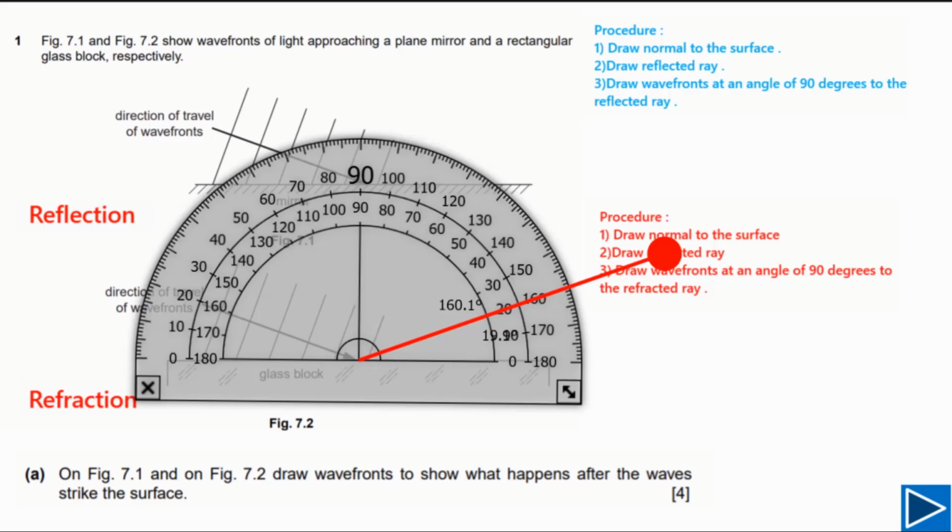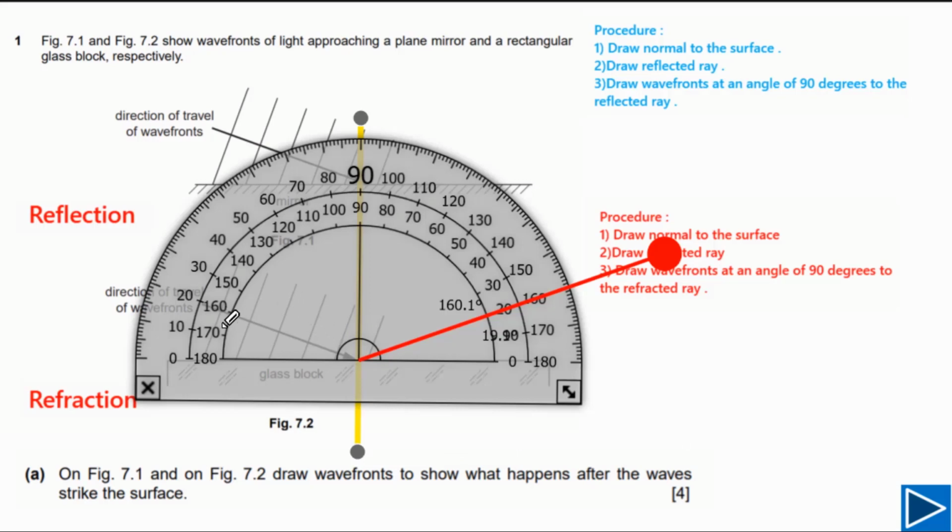Again, I will use solid line for normal, but in your exam you need to use dotted line for normal. As you can see here, this is normal to this surface. This is our step 1, and for the second step we need to draw refracted ray.